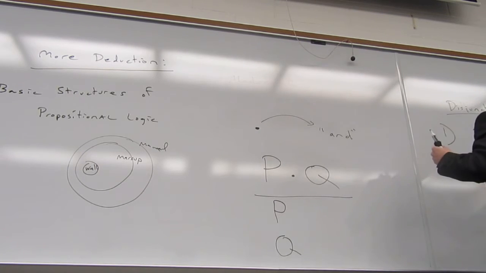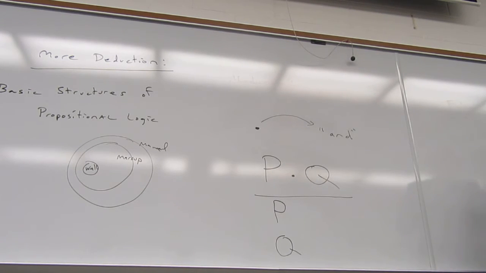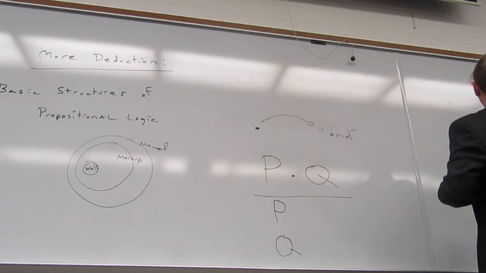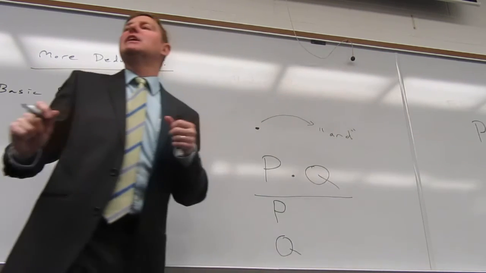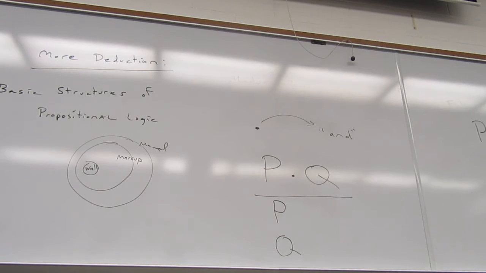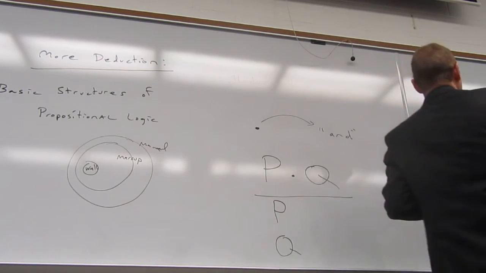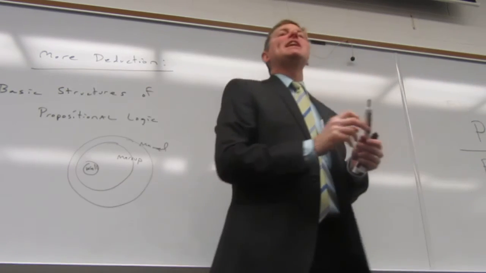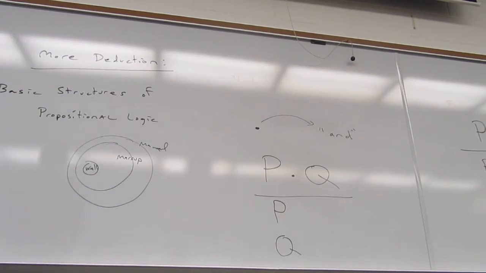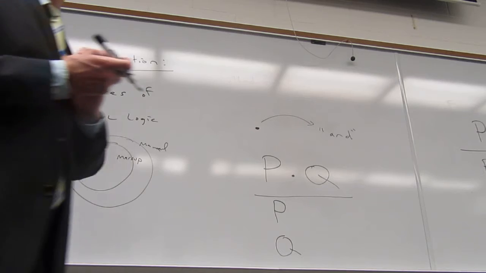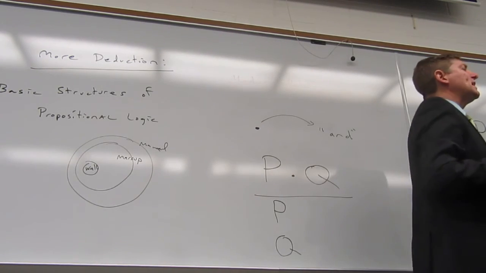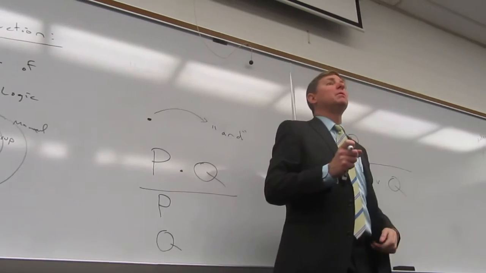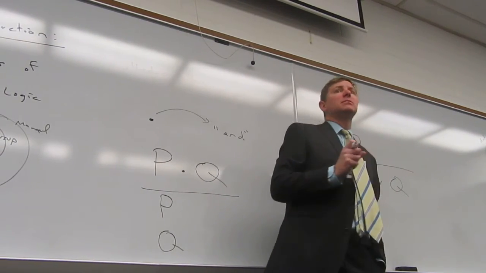Let me give you another odd one. Suppose that it's the case that P is true. I can also make this statement, and this just might sound totally bizarre. If P is true, I can say P or Q without respect to the truth value of Q. In other words, if I know that P is true, I can say P or Q, no matter what Q is.